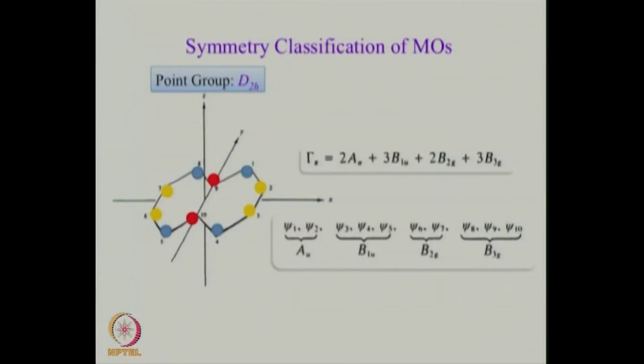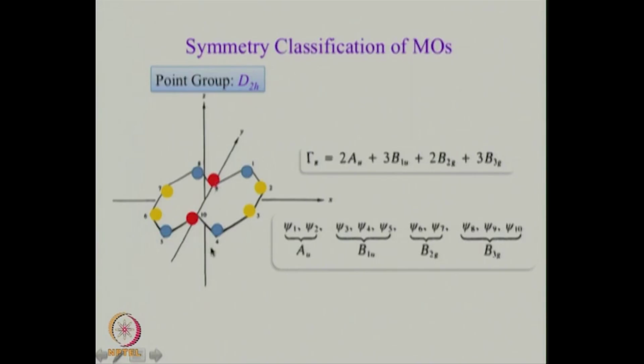Will you agree with me that 9 and 10 form a group? You perform C2, let us say C2Z, what happens? And let us work with p orbitals. P9 becomes P10, P10 becomes P9. What happens when you apply Px? P9 becomes minus P10, P10 becomes minus P9.